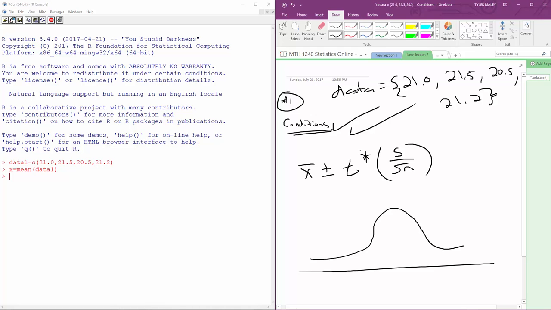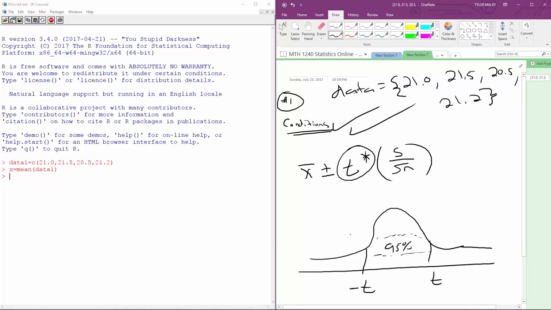To find my t critical value, we need to find a t such that, with my t distribution, I have negative t and t here, and inside of here is 95% of the data.